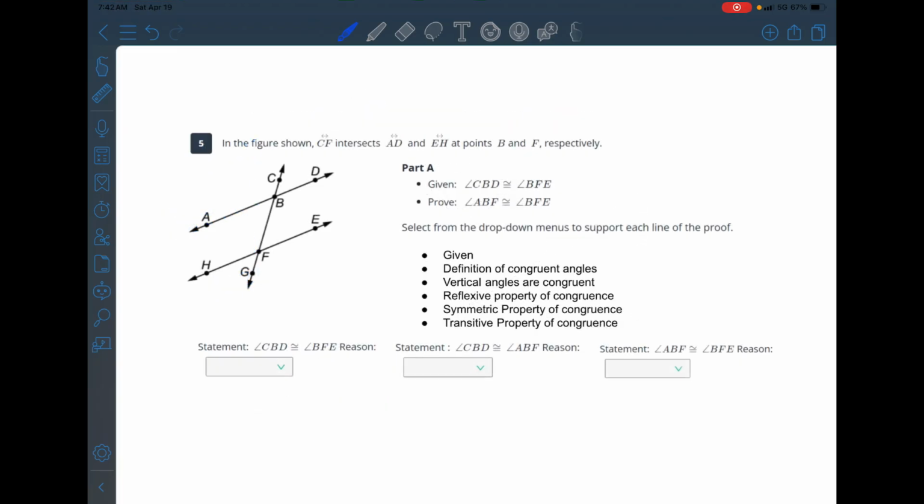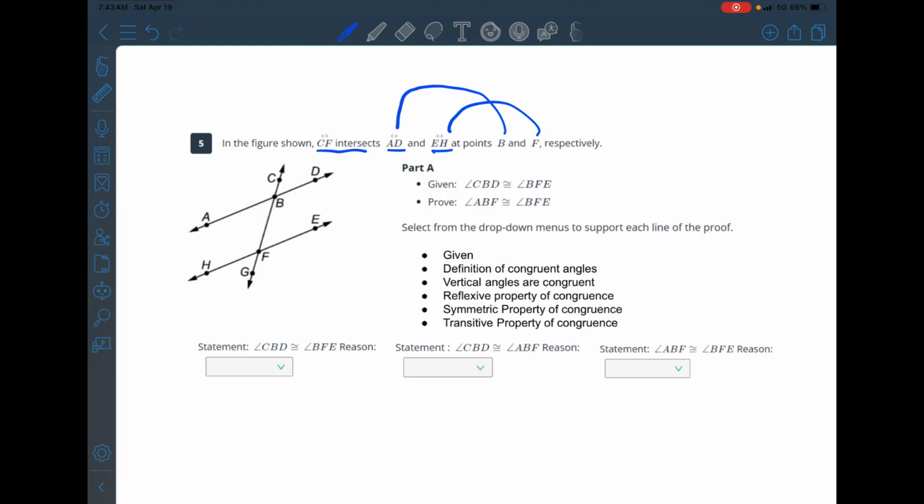Here we have a proof, something that we don't talk a whole lot of after we've done it, but you will have proofs. You won't have to come up with the reasons yourself. They'll be there, a drop-down menu. So I want to give you a fighting chance here. So it says line CF intersects AD and EH at points B and F respectively. That just means B is on AD, F is on EH.